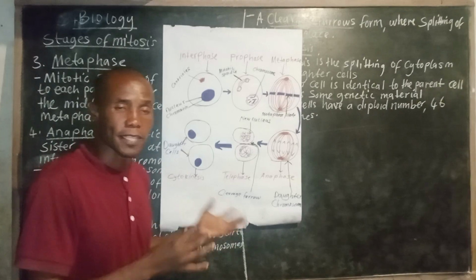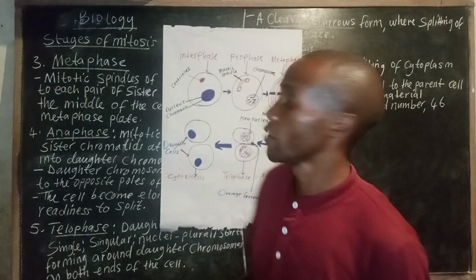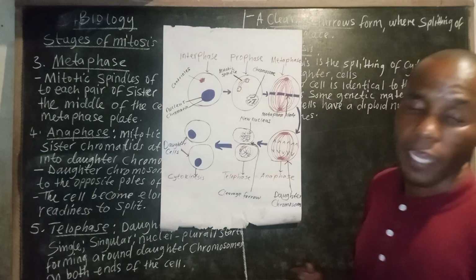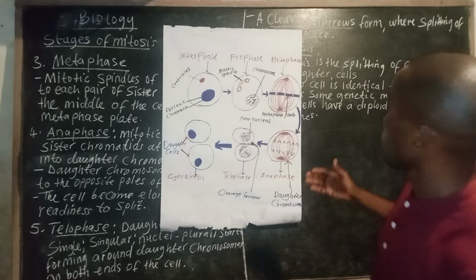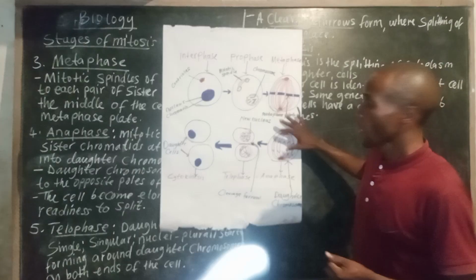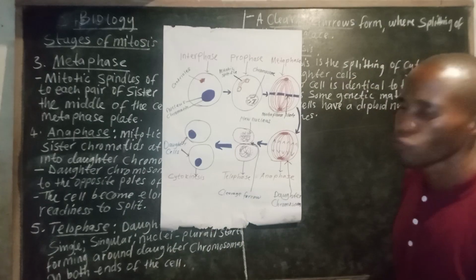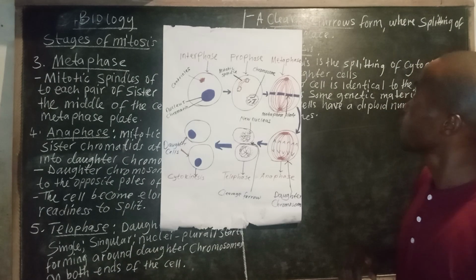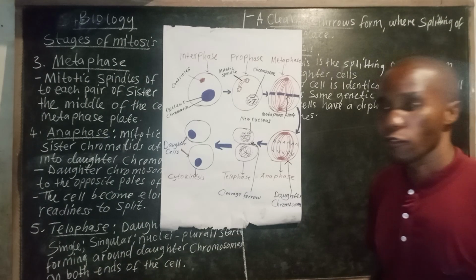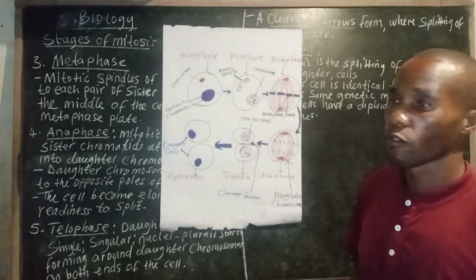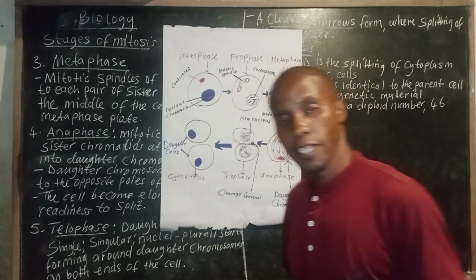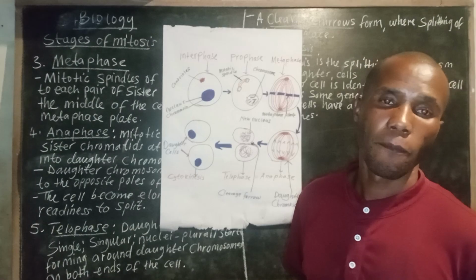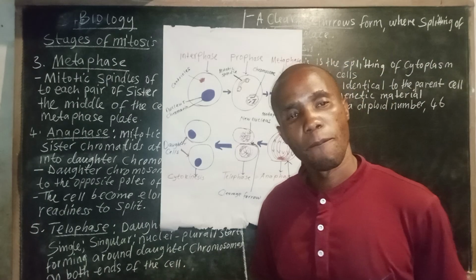So you have to master how cell division takes place under mitosis. That's why I brought this diagram, so that you are able to see what really happens at each stage.